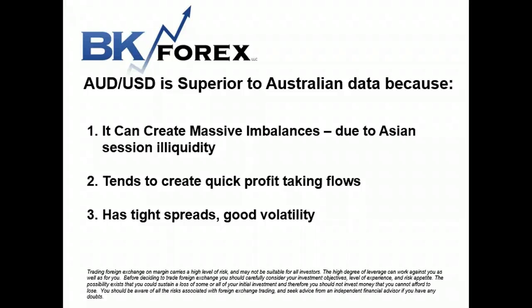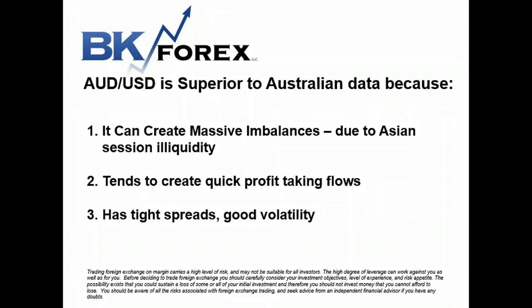So while we oftentimes will have big releases during that time frame, because there tends to be a lull before European traders join the market, or European and US traders join the market, what oftentimes you will see is that reversal that I was just mentioning. So it tends to create quick profit-taking flows that allows us to capitalize on a good opportunity.